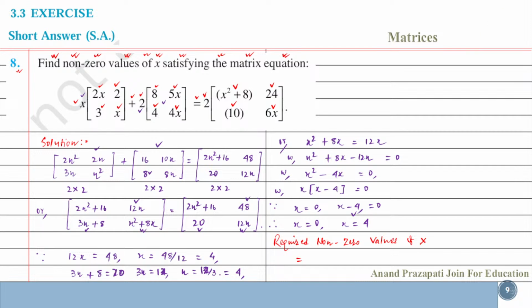What will it be? The non-zero value in each case we get is 4, 4, 4. So we write down 4 here, and this is the zero value of x. But this question asks for the non-zero value. So x equals 4. This will be the answer of question number 8.